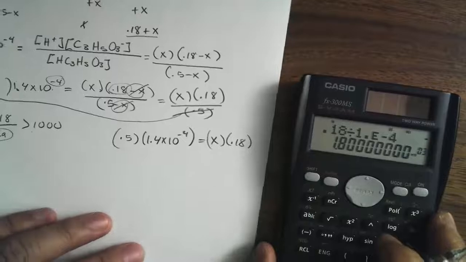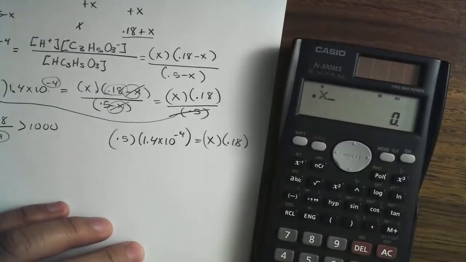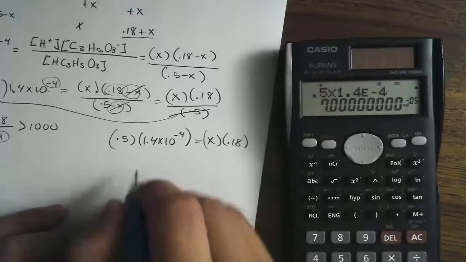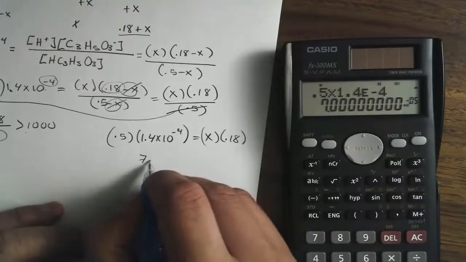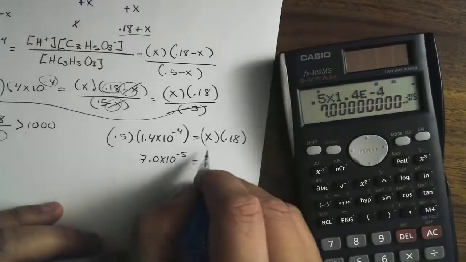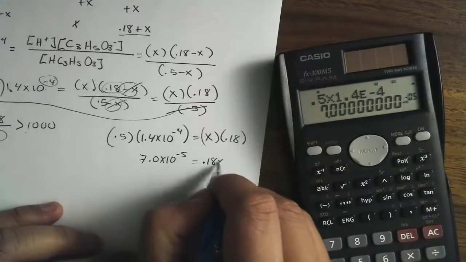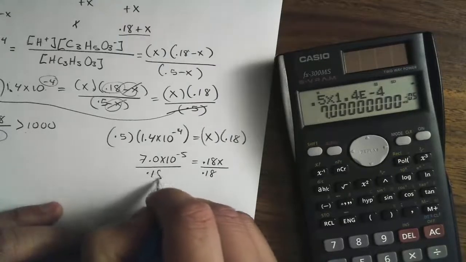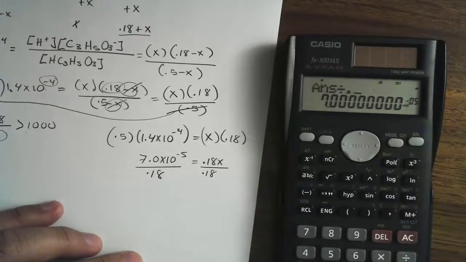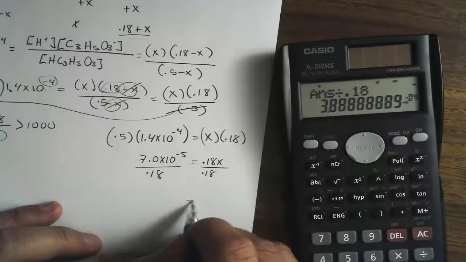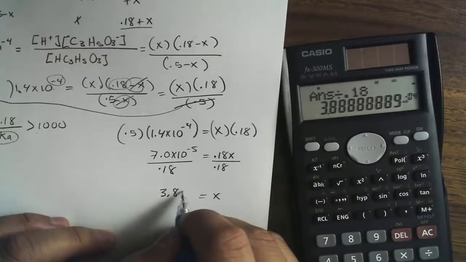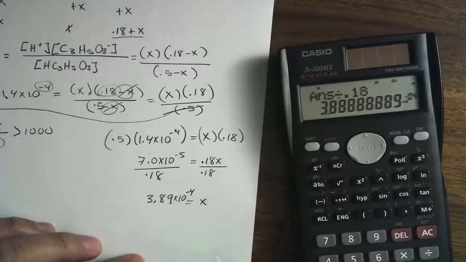Now we can solve for that easily. 0.5 times 1.4 times 10 to the negative 4 equals 7.0 times 10 to the negative 5, and this side is 0.18x. We just divide by 0.18 on both sides, which is equal to x, and that turned out to be 3.89 times 10 to the negative 4.